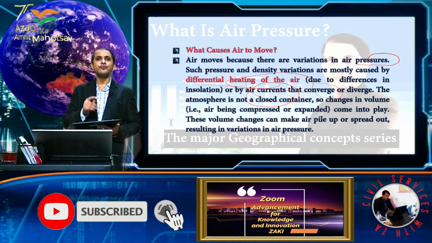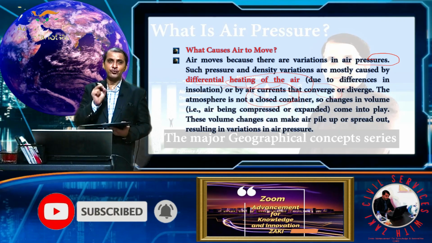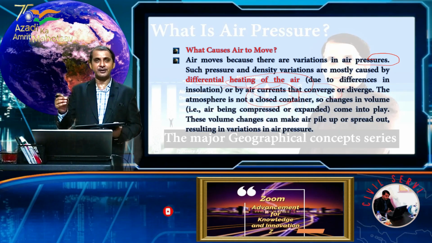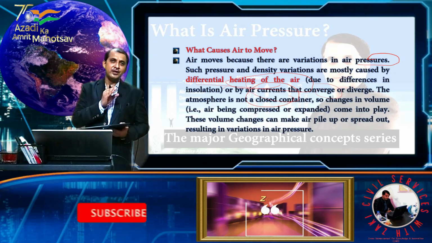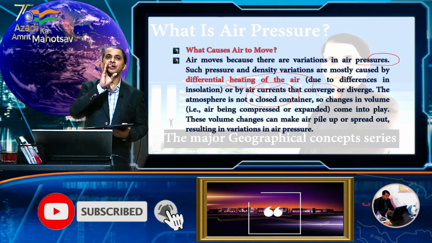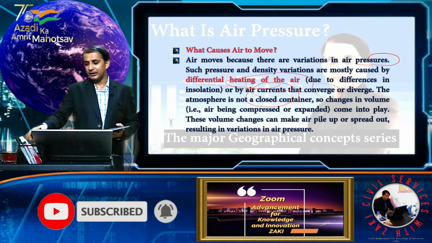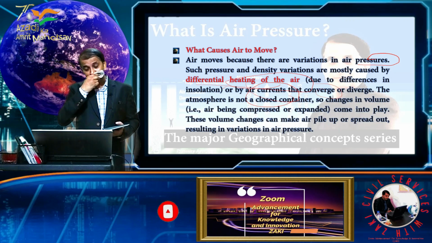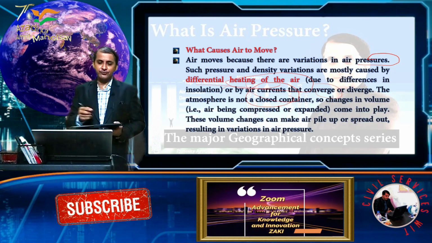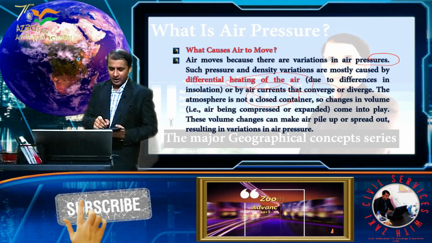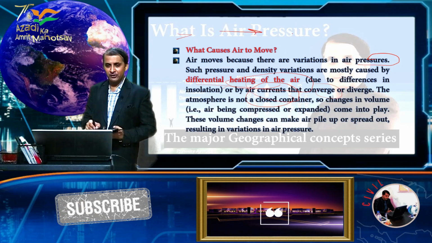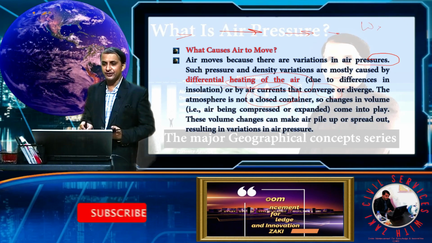So if you see the wind moves due to the pressure gradient, it is of two types, wind and air current. What is the difference between wind and air current? If the air flows horizontally, it is called wind.